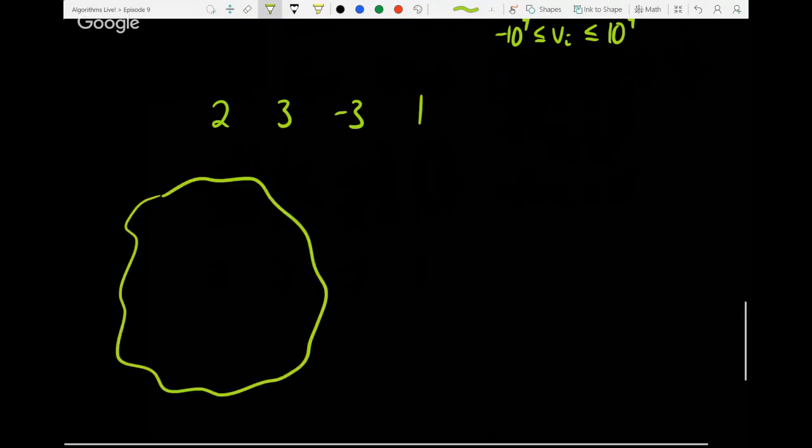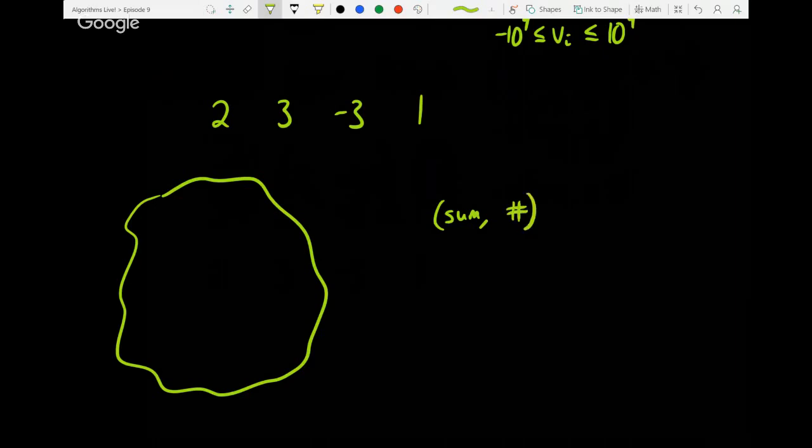So I'm not even committing to having a DP table here. I could have any data structure I want for the partial solutions. So what I'll do is keep track of my running sum up to and including that value, so it's going to be the sum up to that value, and the number of ways I could get to that state.